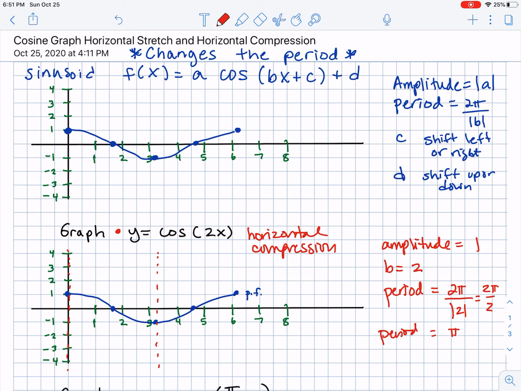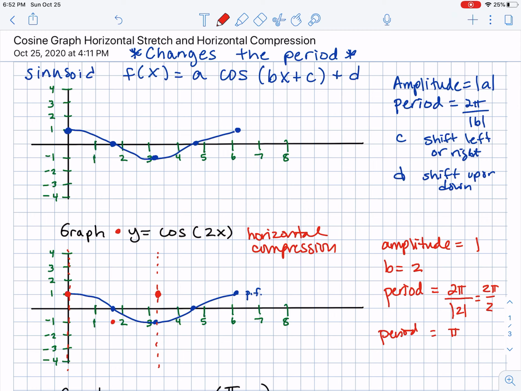So here, when I draw this, it's important to know the period. Once you take care of the period, you've already done that transformation for the b part. So I'll have a maximum here at 1, and again, I'm drawing it in between these red dashed lines. Halfway in between there, well, that'd be pi over 2.